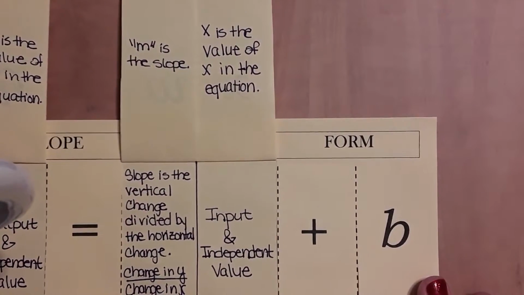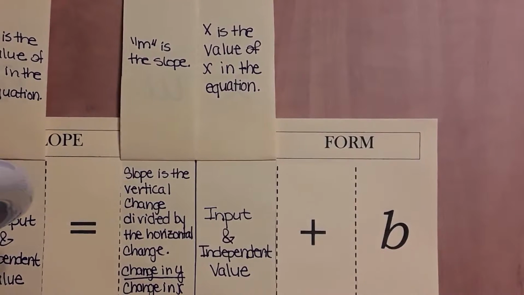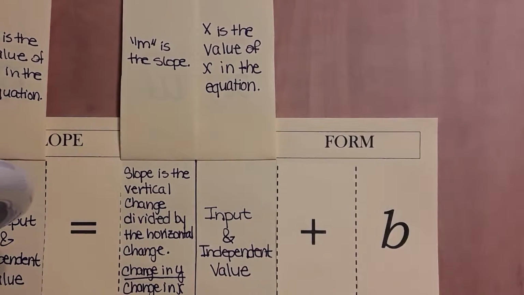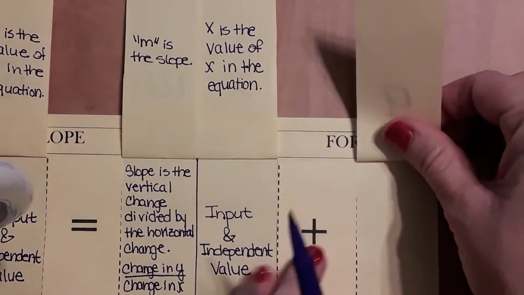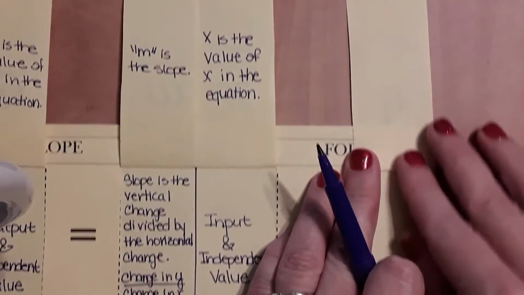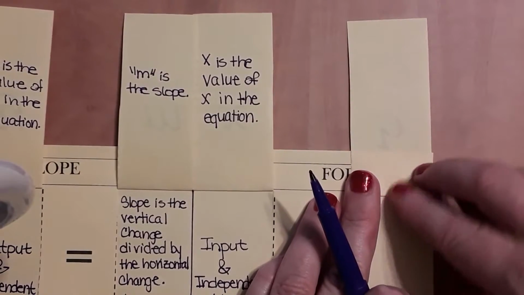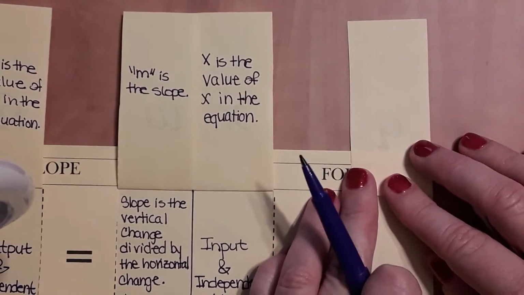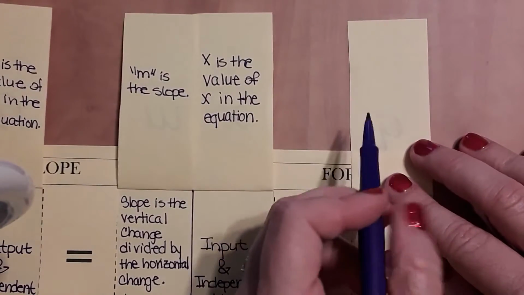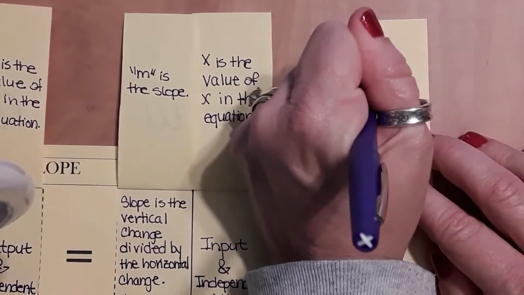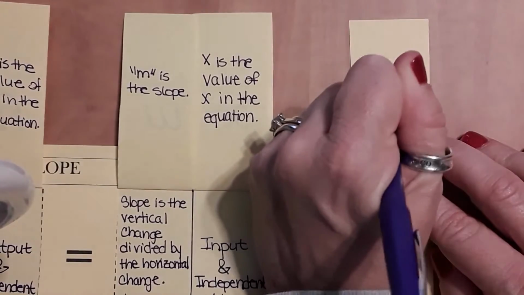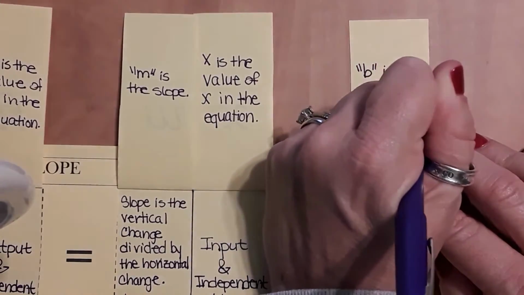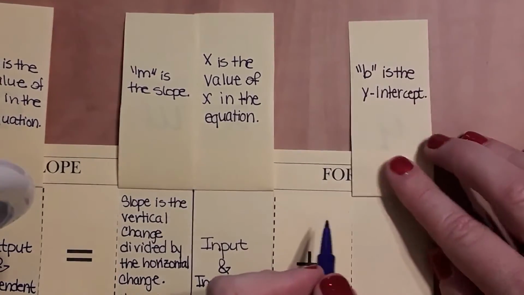Our last but not least is the b. B is our y-intercept. This is where the line is going to cross through the y-axis. And we'll do some examples on page 35 of our IMN so you can see that. So B is the y-intercept. Okay?